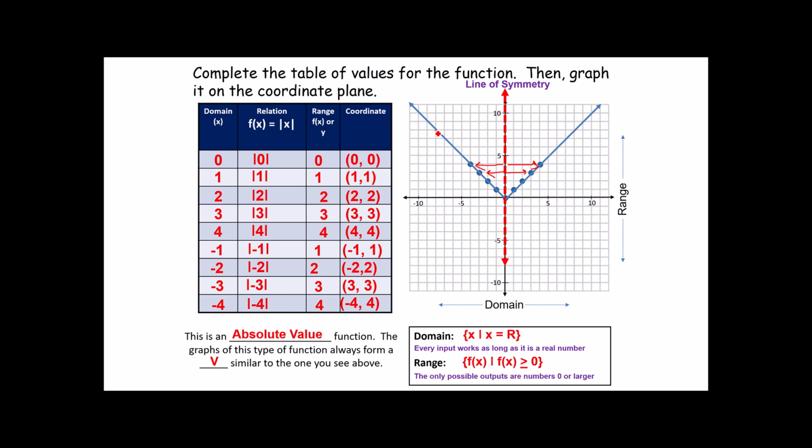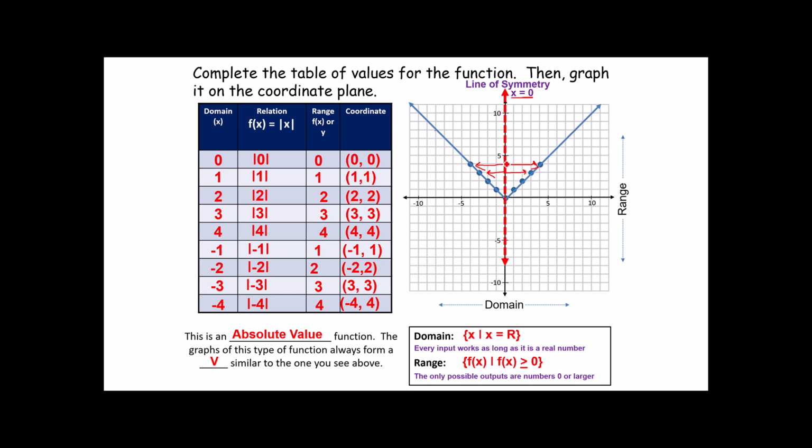It's called a line of symmetry, and it's the line x equals 0. Remember, vertical lines are always x equals something because when you look at your coordinates, it's (0, 0), (0, 1), (0, 2), (0, 3), (0, 4), (0, 5). The y value keeps changing, but the x is always 0. Why do we care about the line of symmetry? Well, it took me 9 points in order to draw this graph. That's what made it take so long.